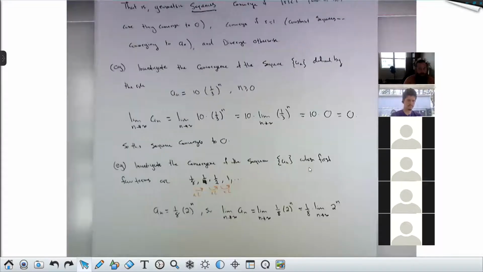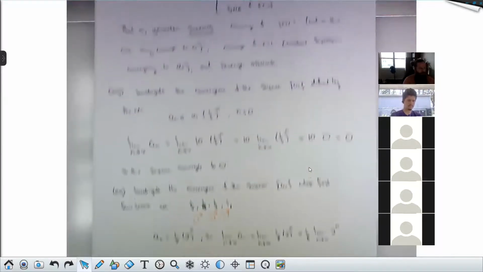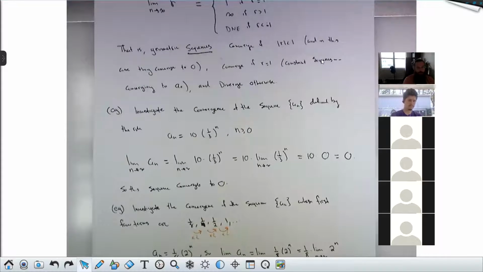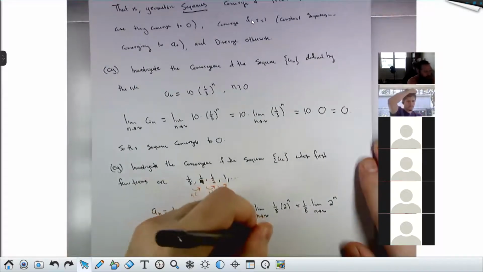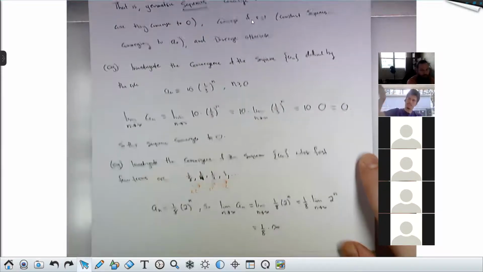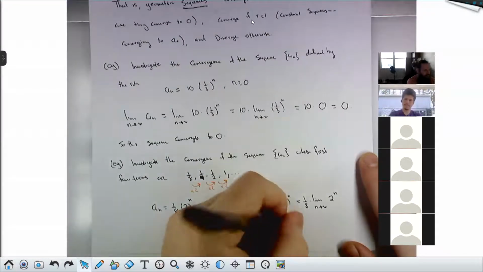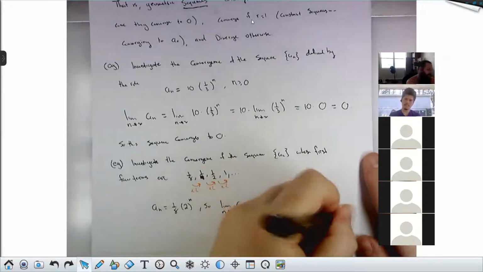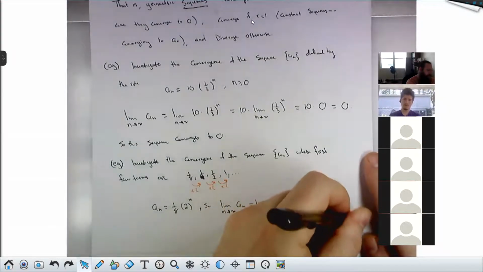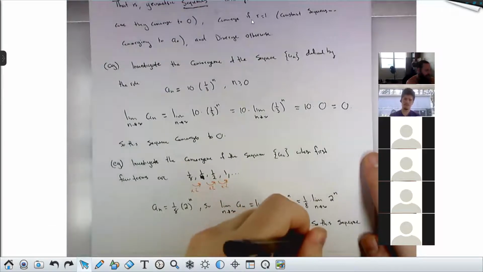Here, r is 2. And since 2 is bigger than 1, this is going to plus infinity. So this is 1/8 times plus infinity, which is plus infinity. So this sequence diverges.